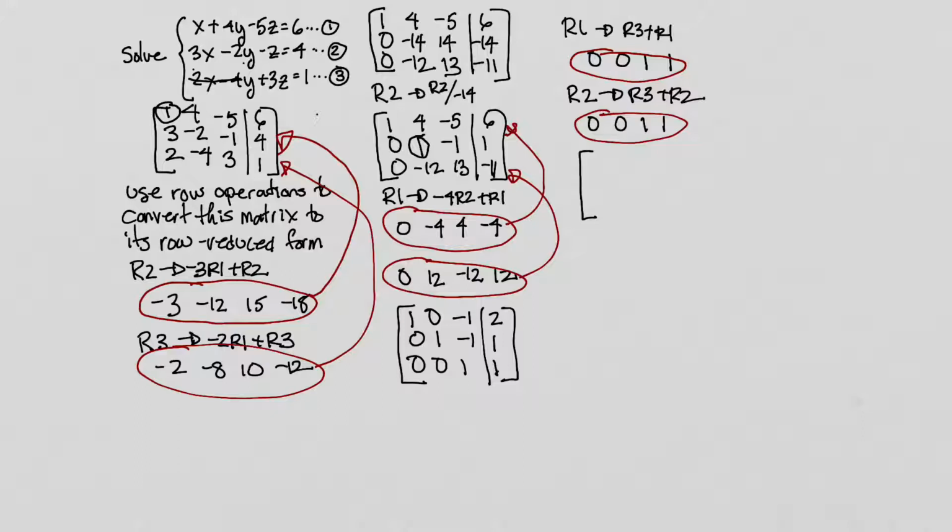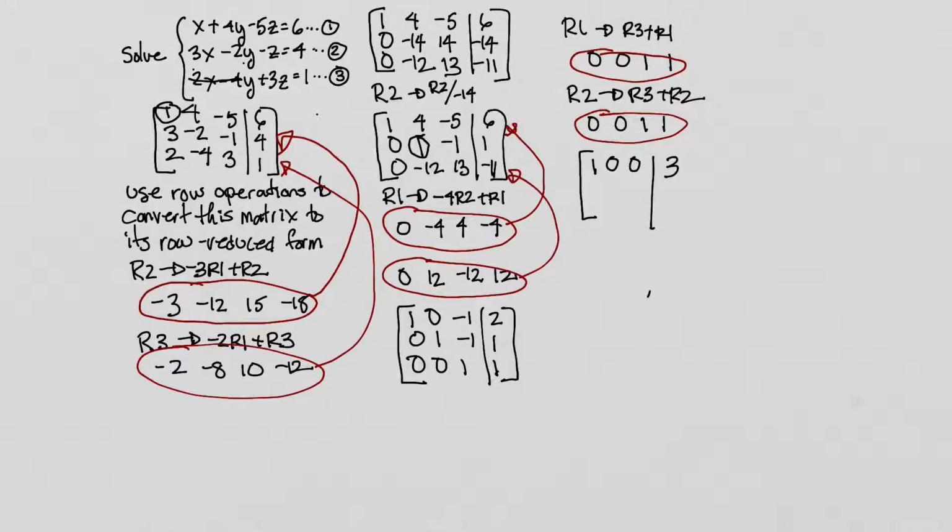So what we're going to get here is this row 1 here, these numbers added to these numbers up here. So we're going to get 1 and 0 is 1, 0 and 0 is 0, 1 and negative 1 is 0, a vertical line, and 1 and 2 is a 3.